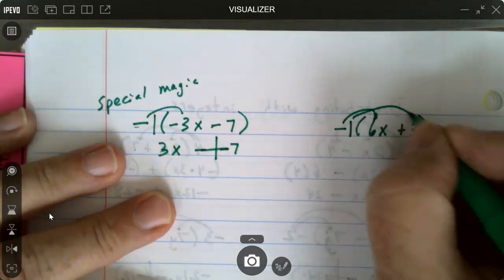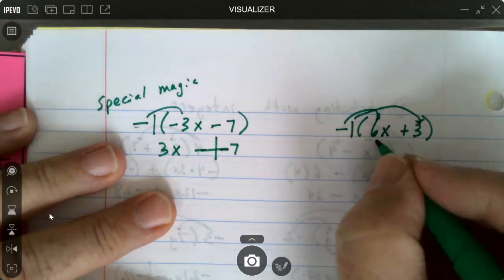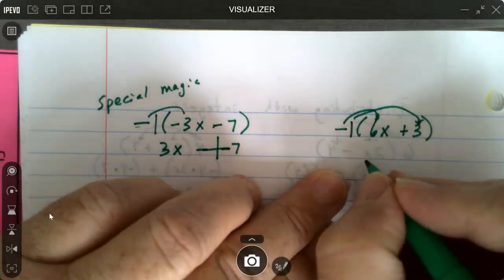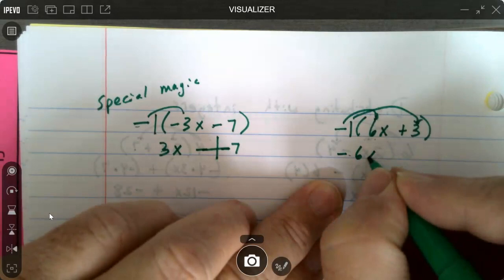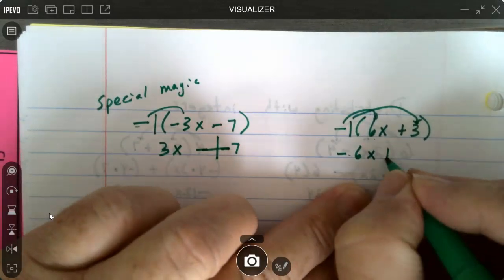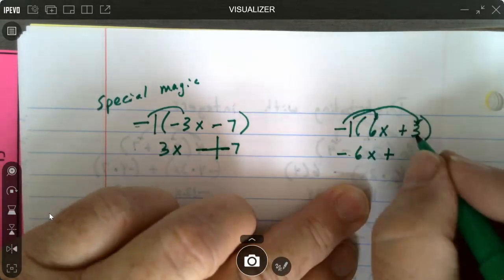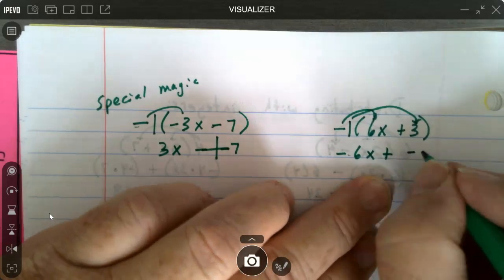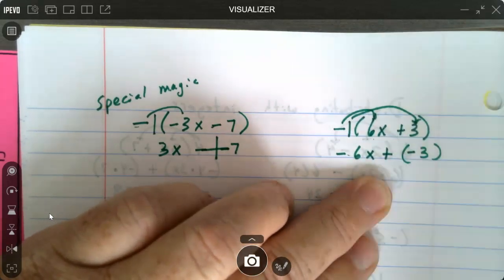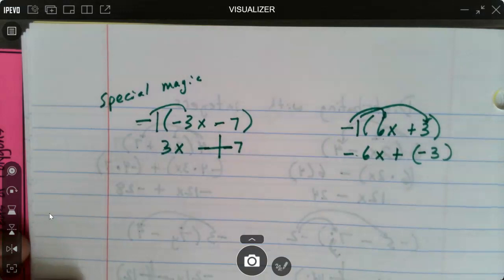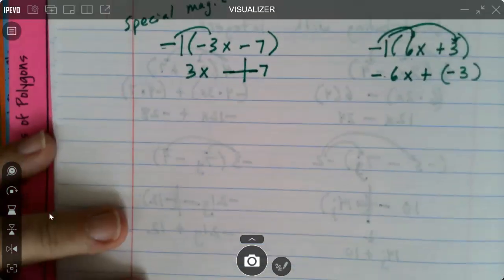So you're multiplying both of those. Negative 1 times 6x, that is negative 6x. Drop the plus. Negative 1 times 3 is negative 3.